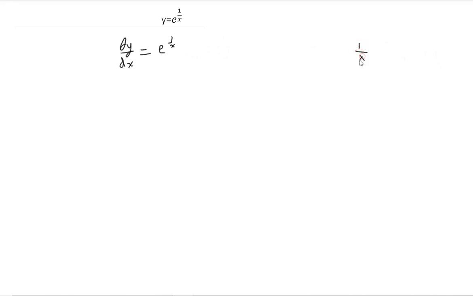1 over x. Well, we can rewrite that as x to the negative 1, and then now you just do the power rule. You multiply x by negative 1, and then you subtract 1 from the exponent. So then you get negative 1 times x to the negative second power, and then you can just rewrite it as negative 1 over x squared.